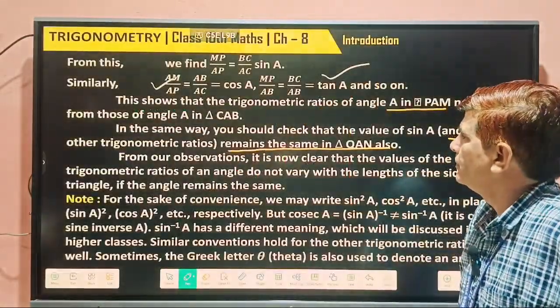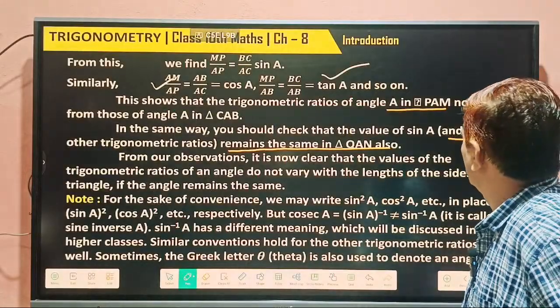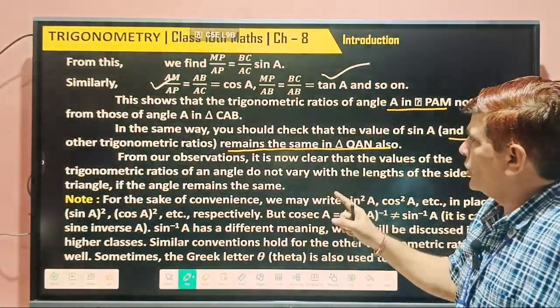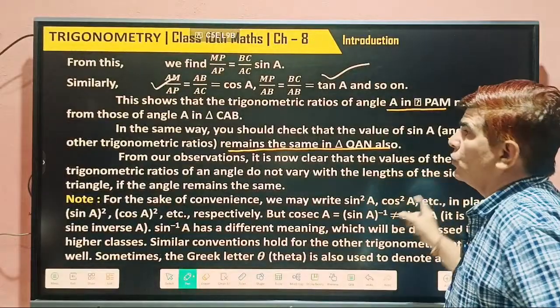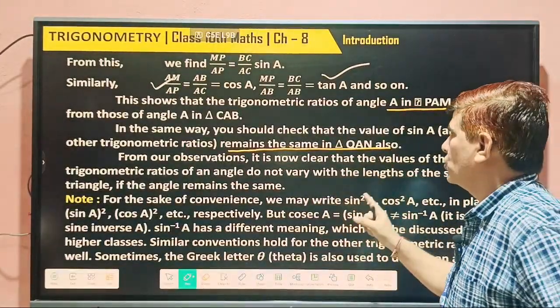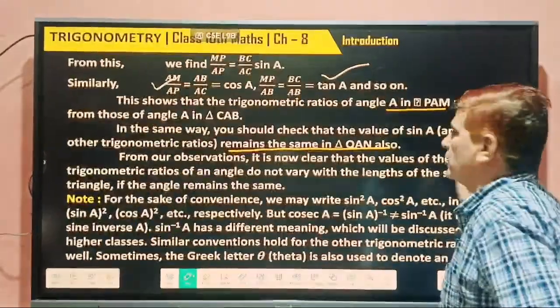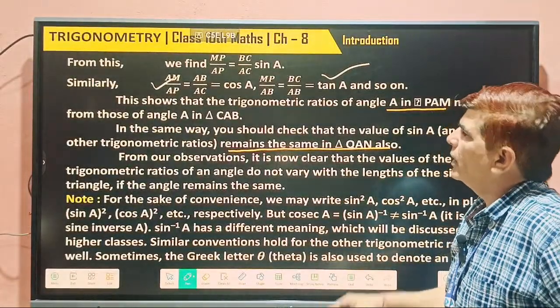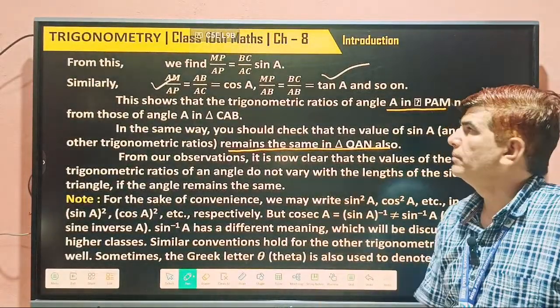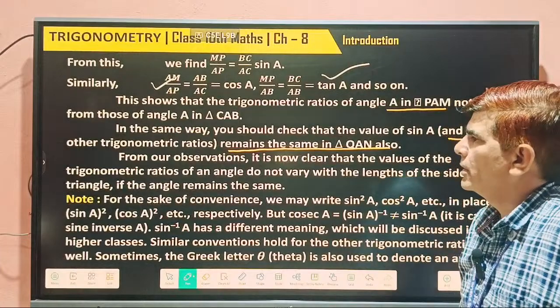Got this? From our observation, it is now clear that the values of the trigonometric ratios of an angle do not vary with the length of the sides of the triangles, if the angle remains the same.